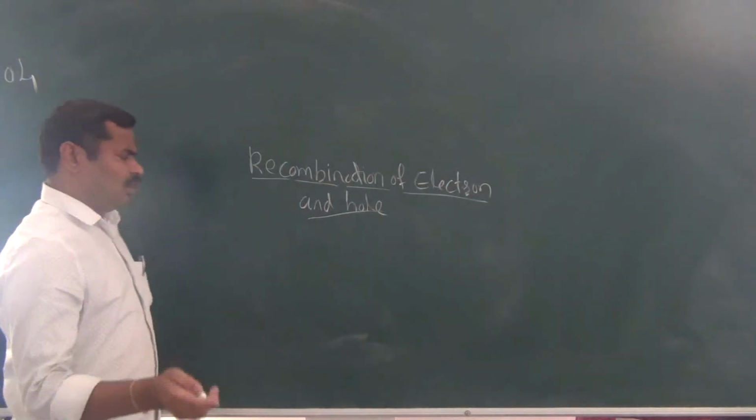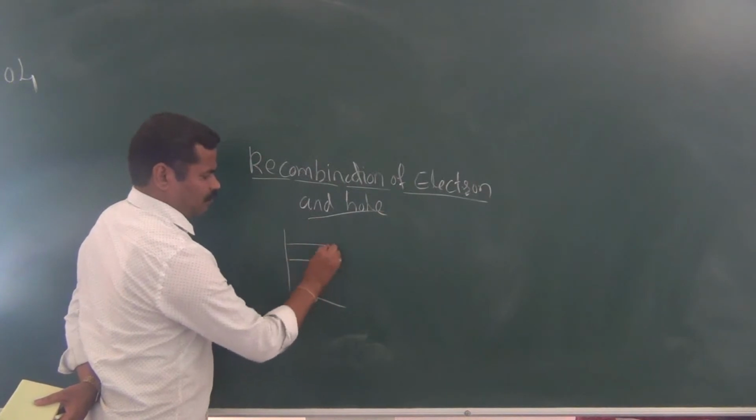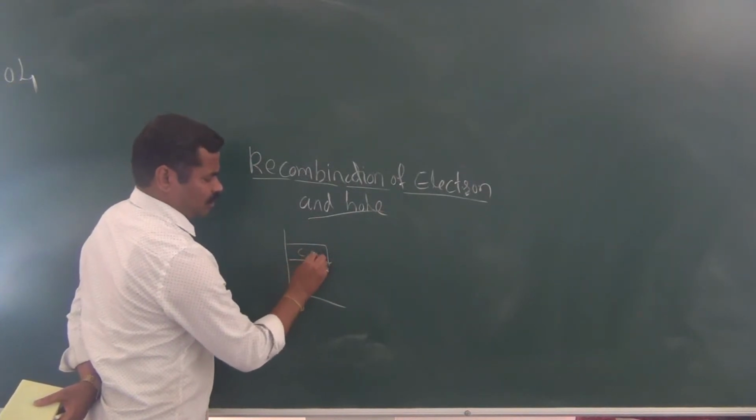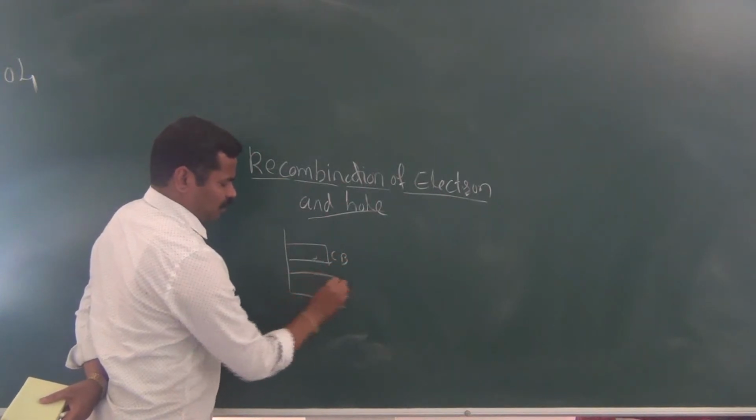Another way to explain it is with the energy band diagram. This is the conduction band, and this is the valence band.